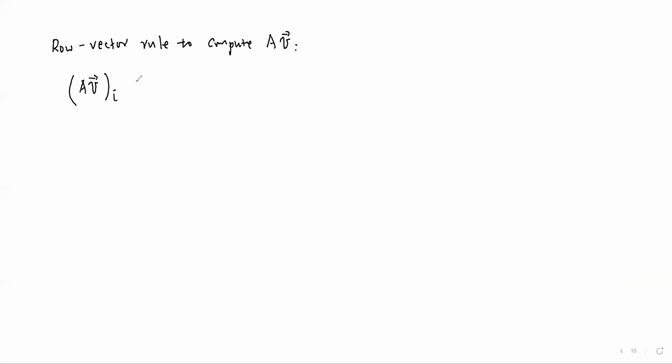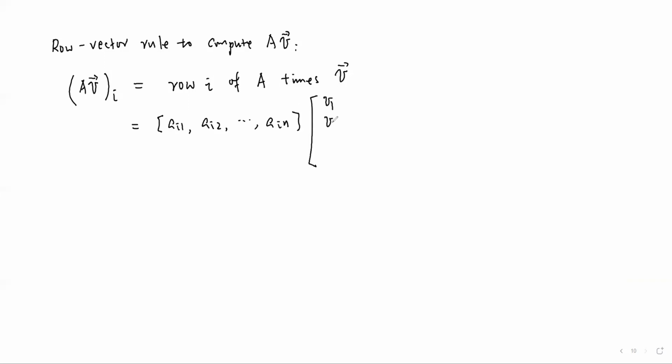The ith entry is equal to row i of matrix A times vector V. In detail, row i is Ai1, Ai2, and so on. Suppose that A has n columns, so the last entry is Ain times vector V, V1, V2, ..., Vn.